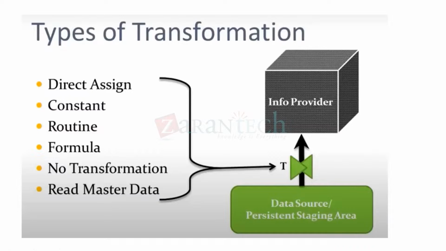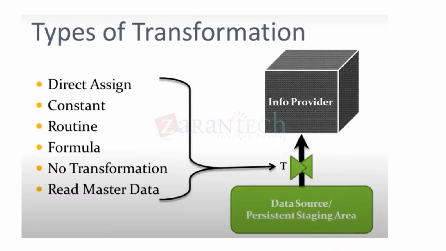Or if you want to derive a value by using a formula, like for instance, total would be quantity times price, you can derive the total field value by applying a formula, and a new value could be populated into a new field at the transformation level.